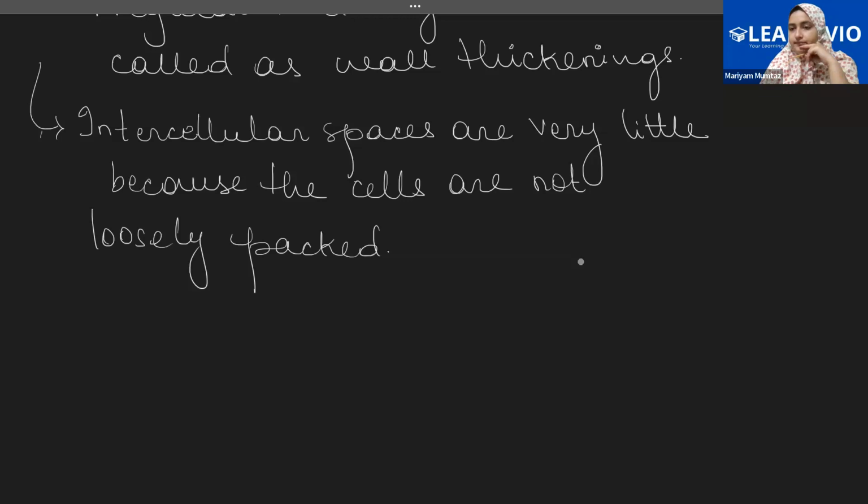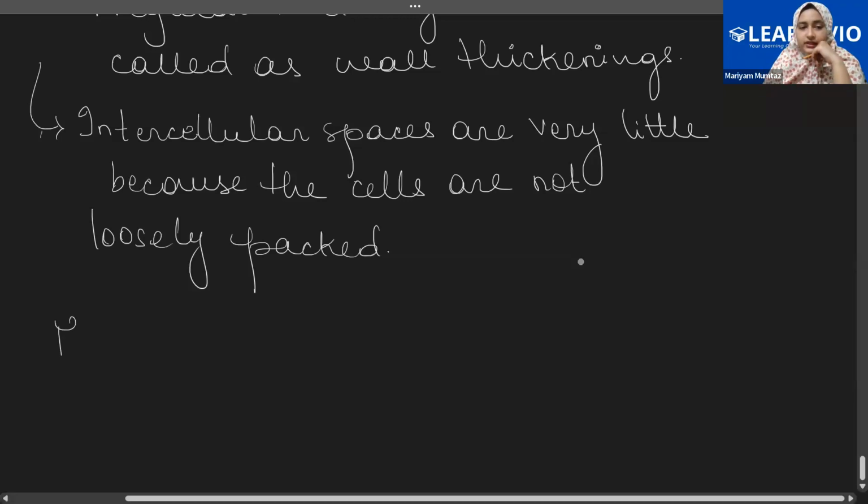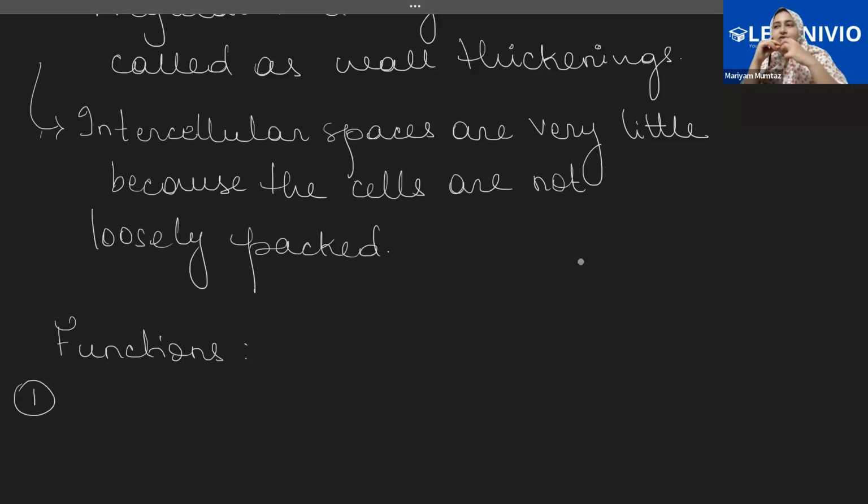Okay. Now talking about the functions of the collenchyma. So the first function. Now see, we saw that the cellular thickenings are there. Now if anything is very firm and thickened, it means that in the case of plants, it is there for providing support, for providing strength.